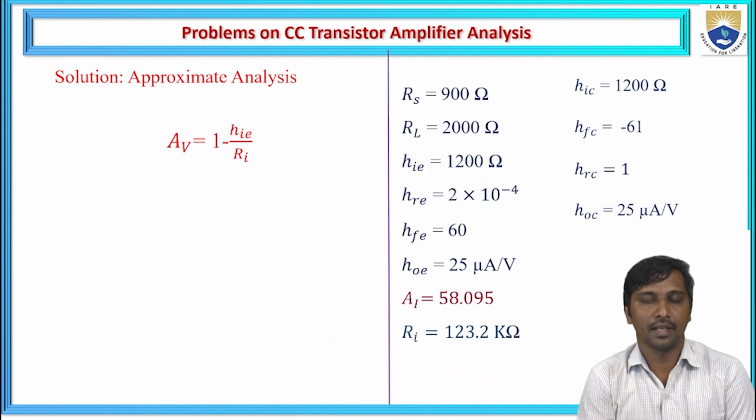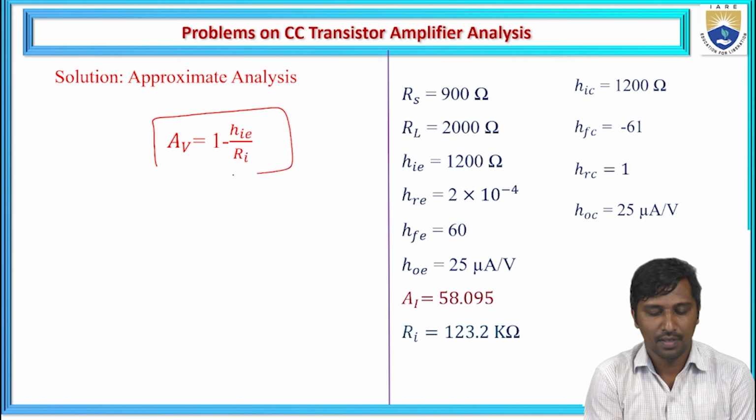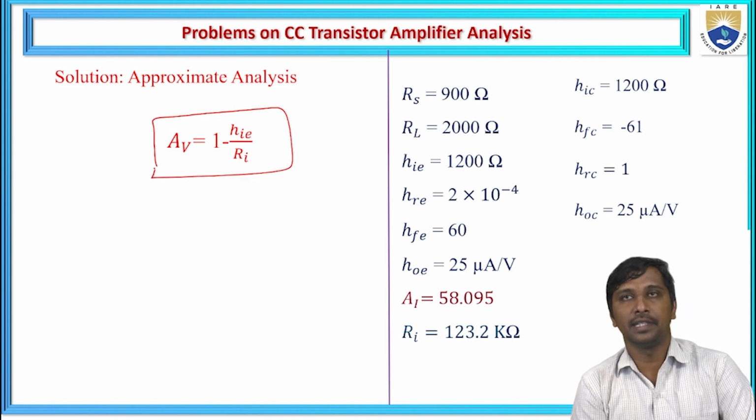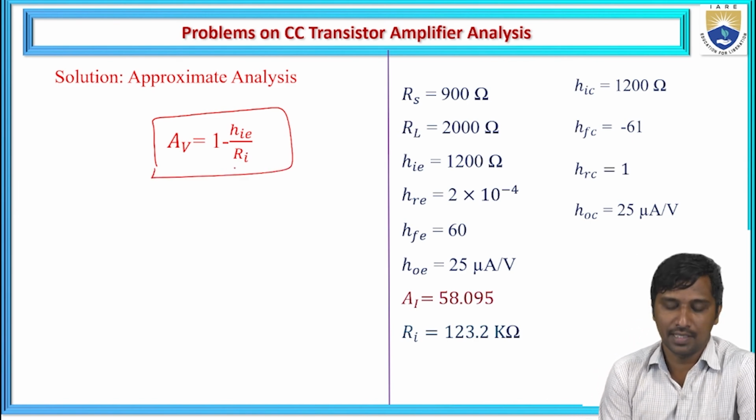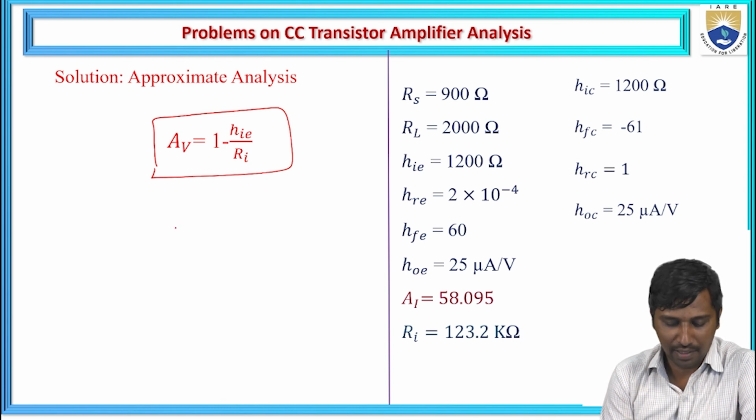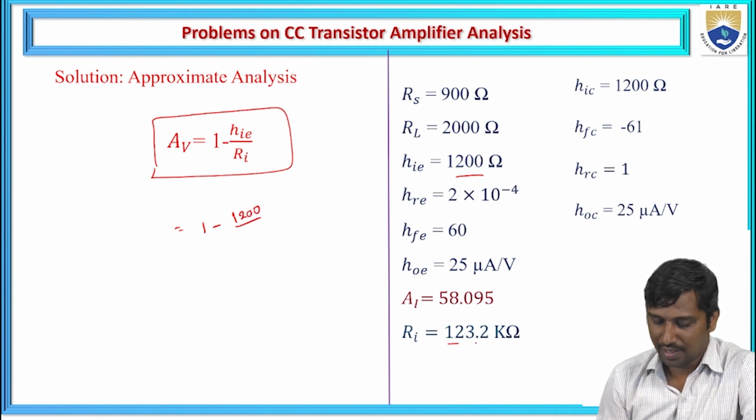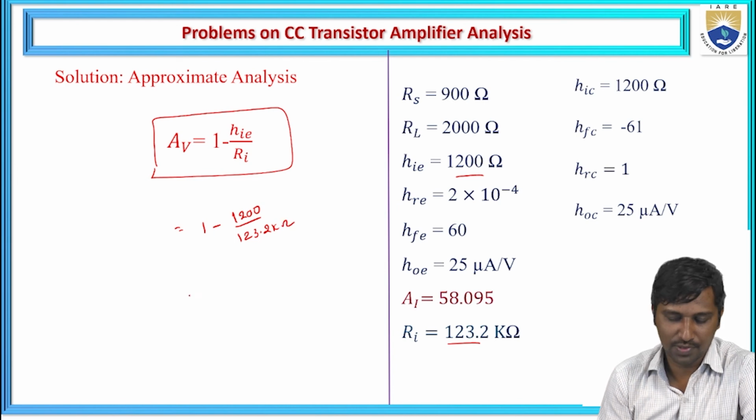Now in the approximate analysis, again we need to calculate the voltage gain. The voltage gain is represented as 1 minus HIE by Ri. So this is 1 minus HIE, 1200 ohms, divided by Ri value, we got 123.2 kilo ohms.